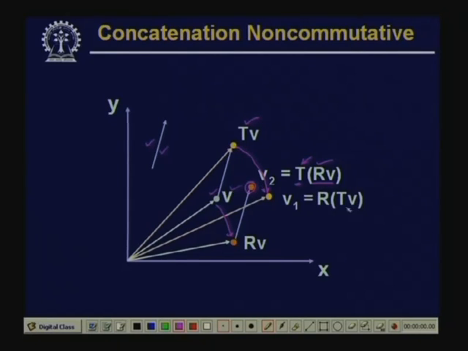So, first I translate the point using the transformation T, and after that this translated point is rotated by using the rotation transformation R, and this gives me the rotated point or the new point that is equal to V1. Now, from here you find that in the earlier case I got the point V2 and now I get the point V1, and V1 and V2 are not the same point.